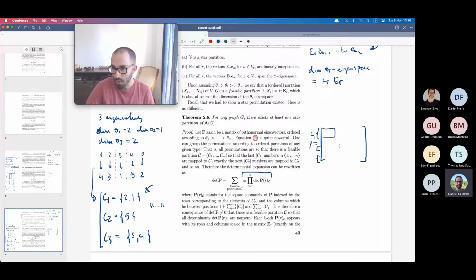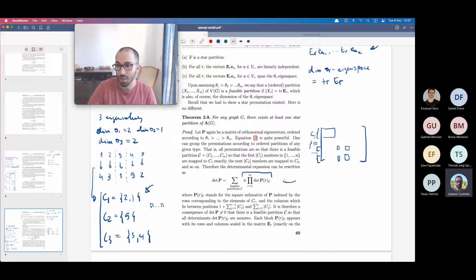I'm gonna come here and pick this block. C3 corresponds to some other rows. I'm picking a bunch of blocks. I'm computing each determinant of these blocks separately, taking the product, and then I will be doing that for all possible ways of partitioning the graph.